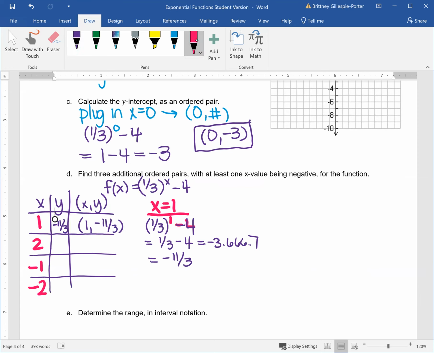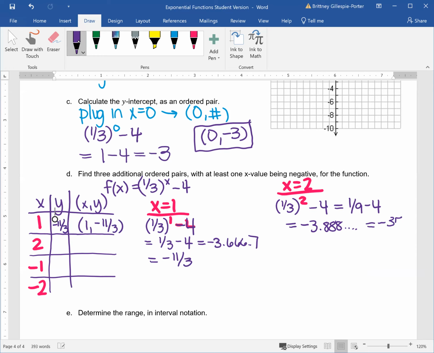If I plug in x equal to 2, I would have 1/3 to the second minus 4. 1/3 squared gets us 1/9 minus 4, which if you're getting the decimal, it's -3.888, so forth and so on, repeating, but we need the fraction because that is our exact answer, which is -35 over 9.